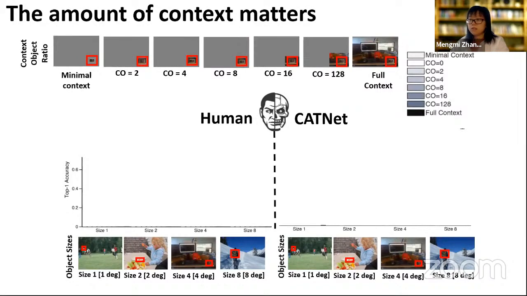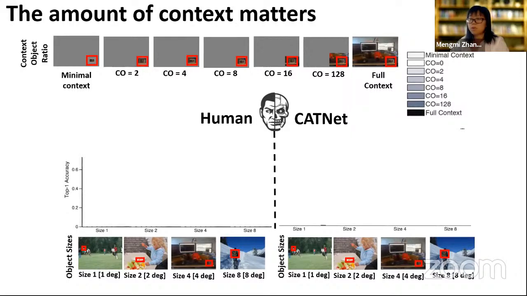The CO ratio here refers to the context object ratio, that is the total image area excluding the target object divided by the target object size. We include a CO ratio from 0, that is no pixel surrounding the target at all, to 2, 4, 8, 16, and 128.